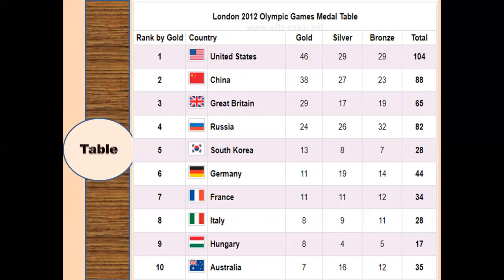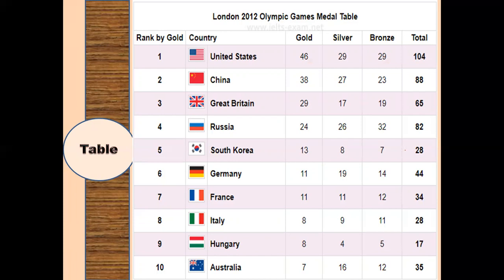And if we compare the United States with China, you will see the difference: the total number of the United States is more than China, and China has won fewer gold medals than the United States. Not only in gold medals, but even in silver and bronze medals, China's number of medals is less than the United States.